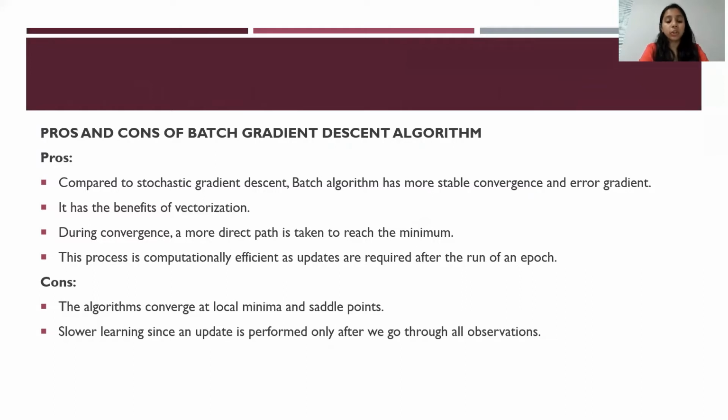This process is computationally efficient as updates are required only after the run of an epoch. During convergence, a more direct path is taken to reach the minimum because all the samples are taken at a time. On the other hand, the cons of this method are the algorithm can converge at a local minima and a saddle point. Since all the observations need to go through for each update, the learning is very slow compared to other methods.